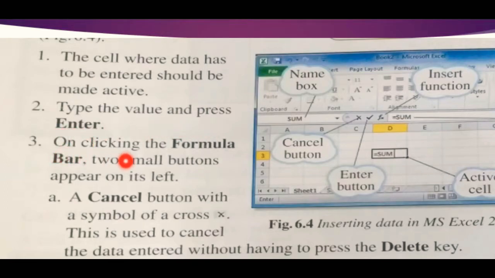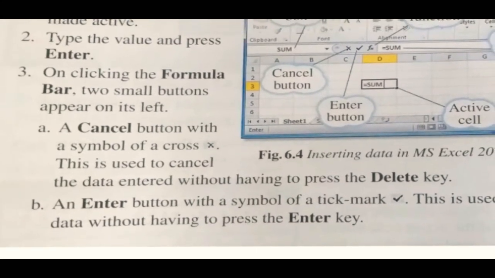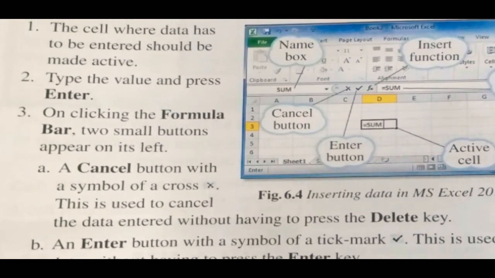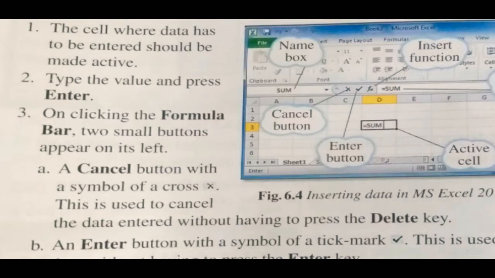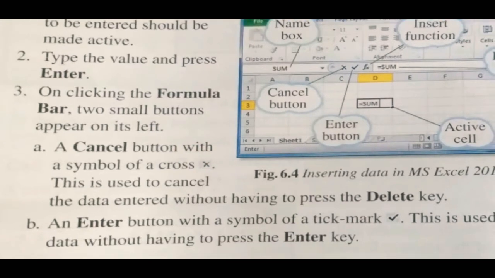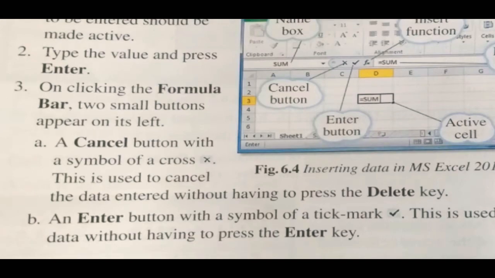Third, on clicking the formula bar, two small buttons appear on its left. A cancel button with the symbol of a cross is used to cancel the data entry without having to press the delete key.